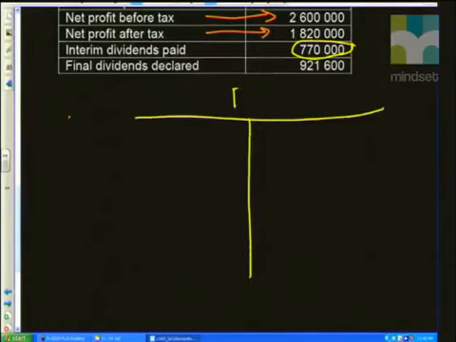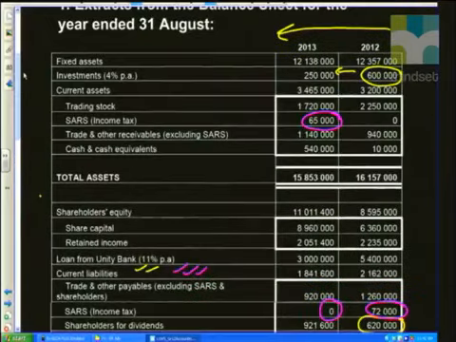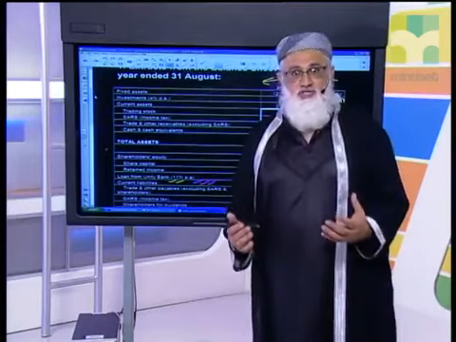You start off with your fixed asset account, and remember that everything is at carrying value. Why do I say that? Because if I look at my information, it says here fixed assets. Two figures are given to me. No mention is made about the accumulated depreciation, neither is the cost price mentioned.